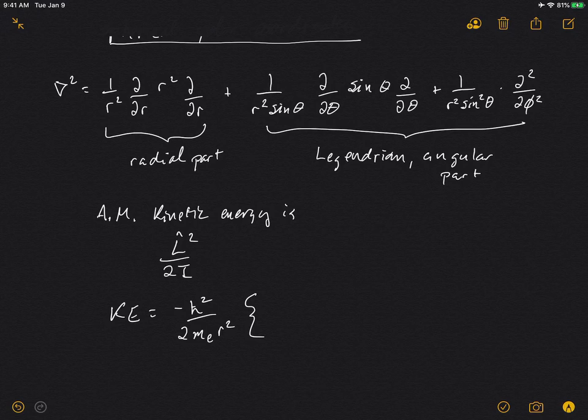So that's the 2I part. And we have d dr of r squared d dr. Then we're going to need a minus sign because there's a minus out front here.